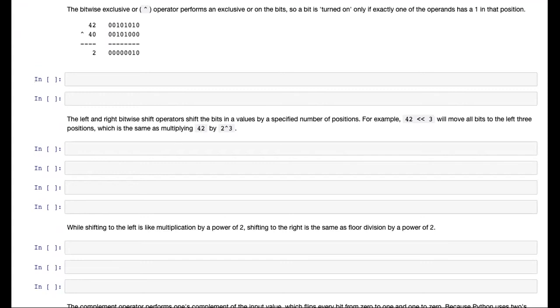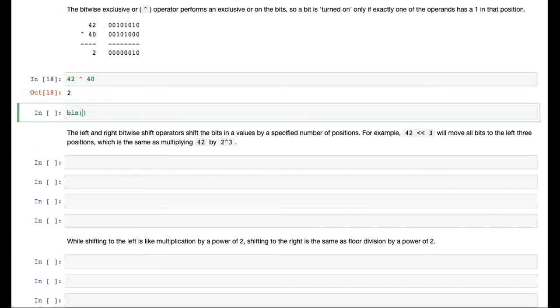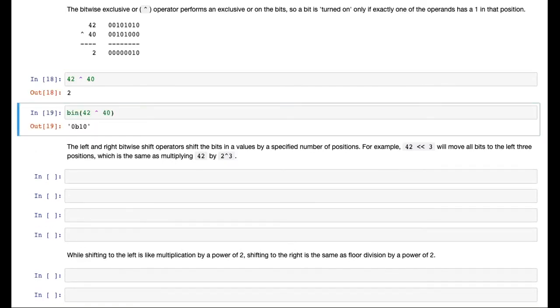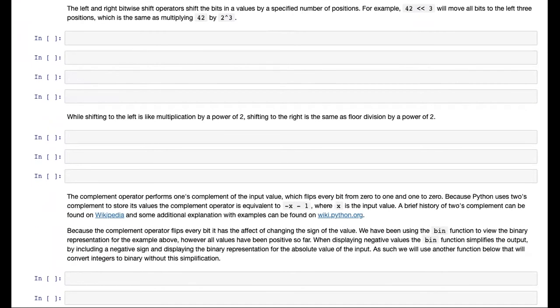This is similar to a bitwise OR, except that it only enables bits if the corresponding input bits are different. So if we reuse our example again, we see that the only bit differing between these two inputs is in the position representing 2. The left and right bitwise shifting operators are represented by two left or right angle bracket characters. These operators actually move all the bits of its operand to the left or the right by a specified number of bits.